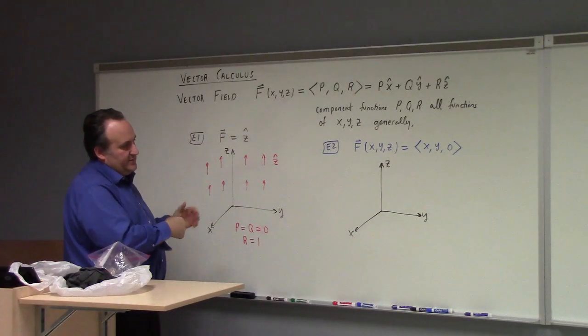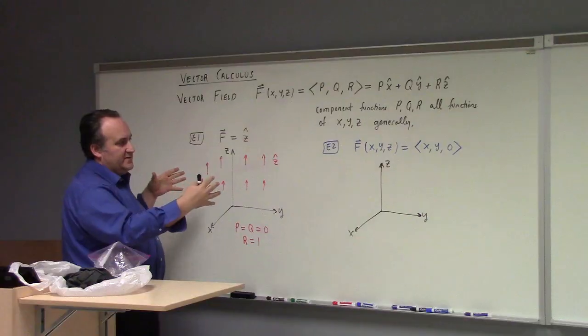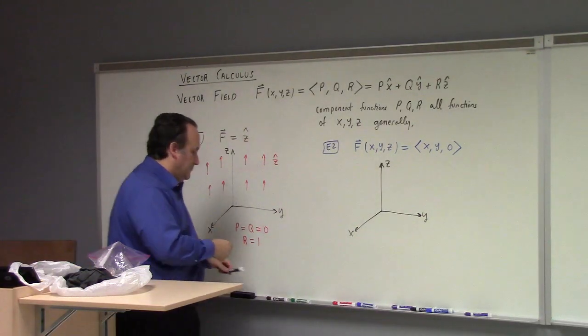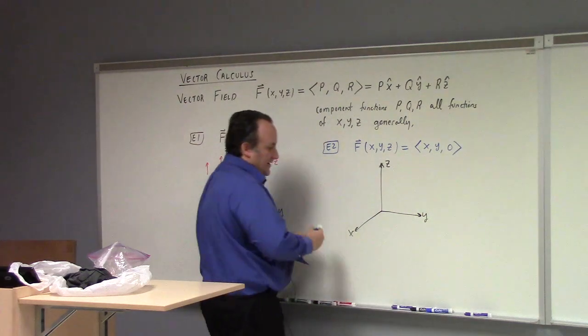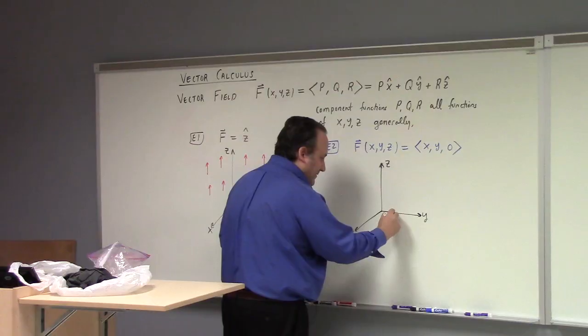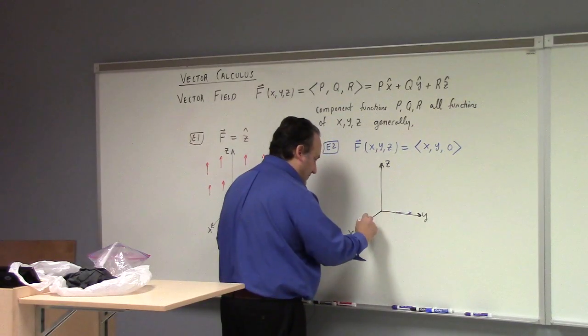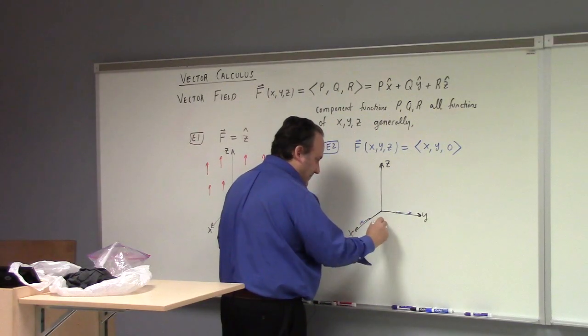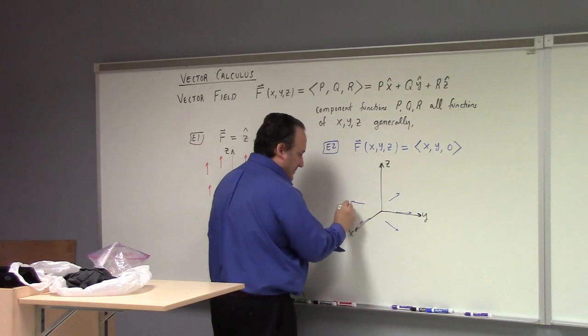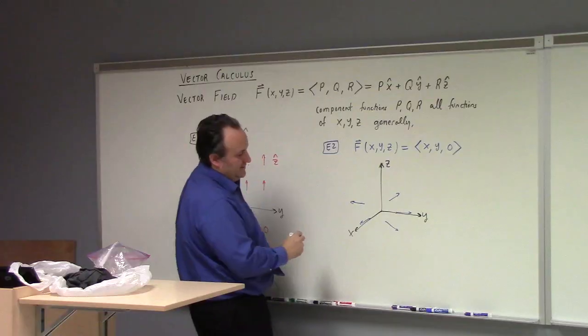So, to visualize this vector field, what is it doing? Wherever you plot it, here it would be going like this. Over here, it's going like that. I can't draw worth anything, but in the plane, oh man, it's miserable.